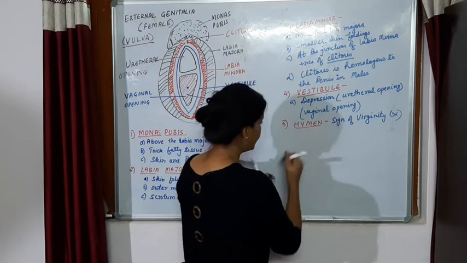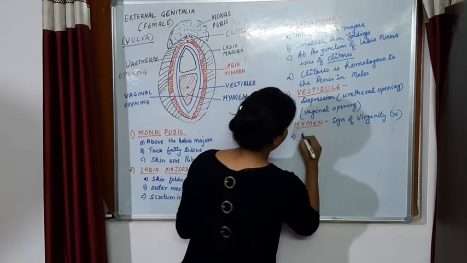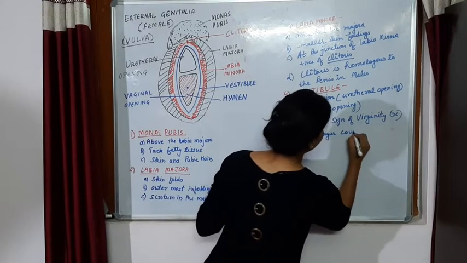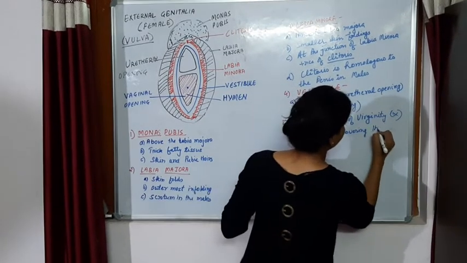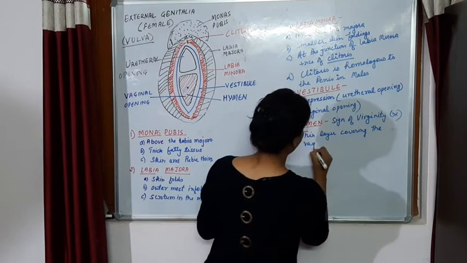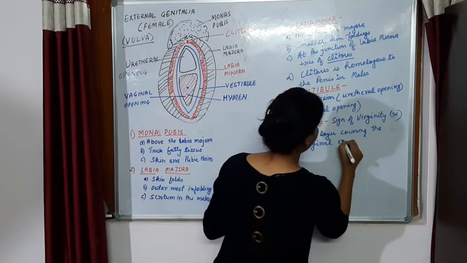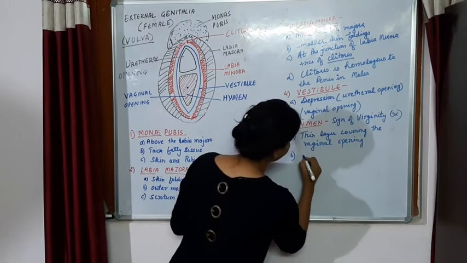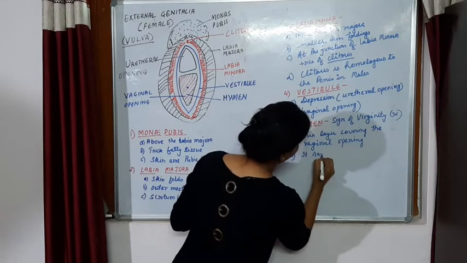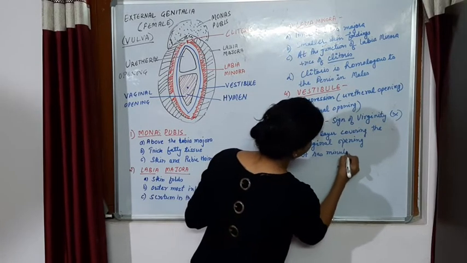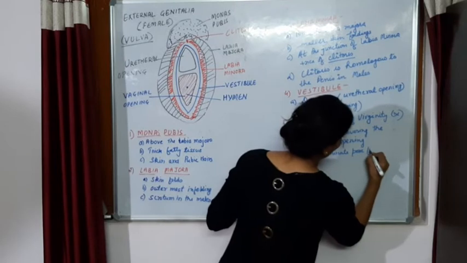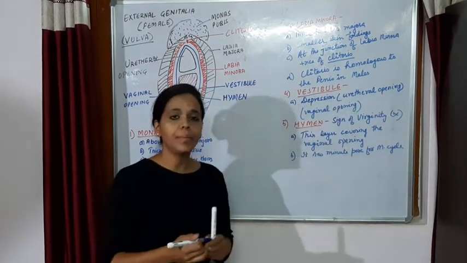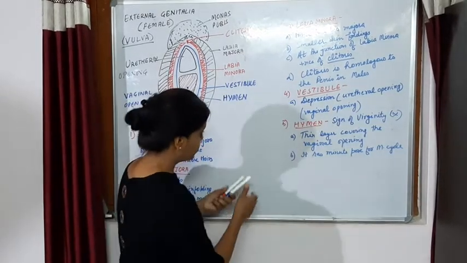The hymen is a thin layer covering the vaginal opening, and it has a minute pore for the menstrual cycle to take place, from where the blood can be thrown out.